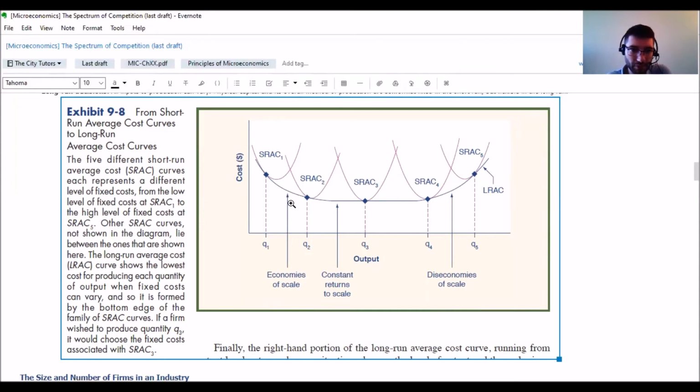It will be here on this arrow, meaning that only one firm is likely to exist in this market, because this one firm can take advantage of the economies of scale to produce at the minimum average cost possible. If there were two firms, they would both be producing at higher costs, because you need a certain amount of production in order to have economies of scale. So having one firm can actually be the most efficient scenario in this case.